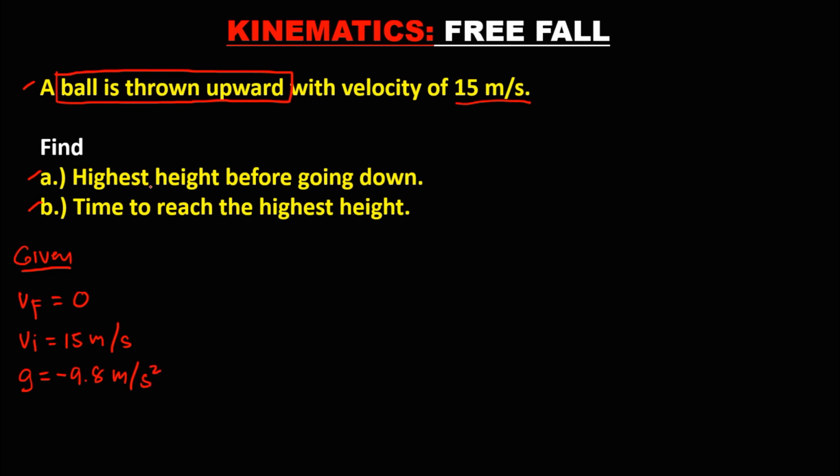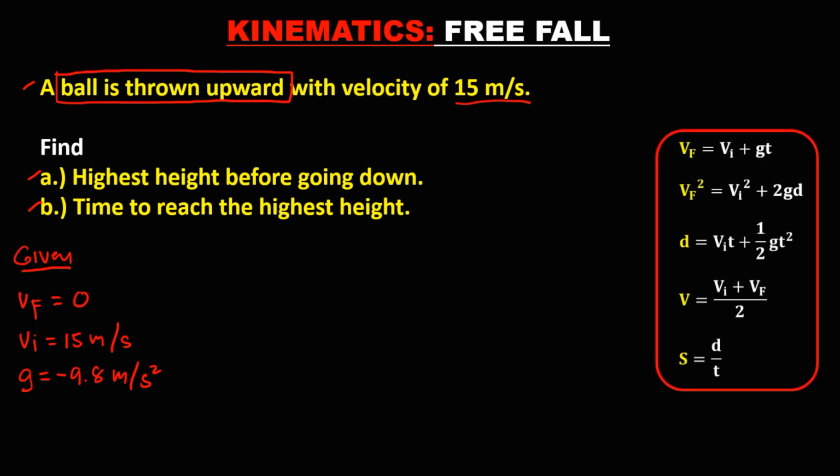Now to solve for the highest height, we use this formula to find the height or the displacement, because the final velocity is given, the initial velocity is also given, and the gravity is given. Then we can find the displacement or the highest height.